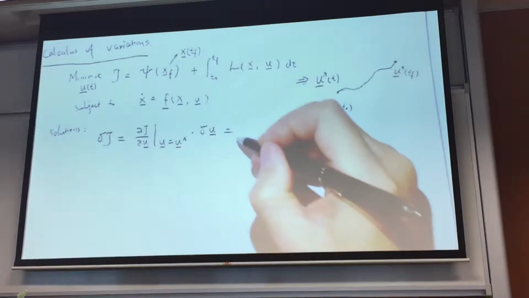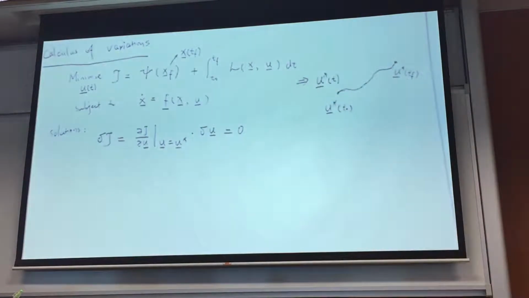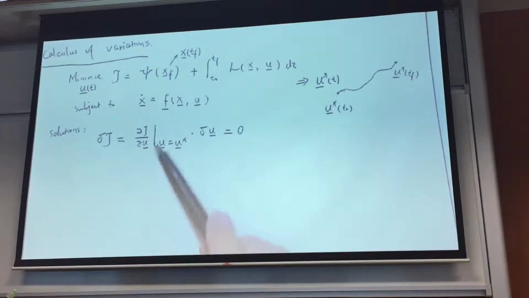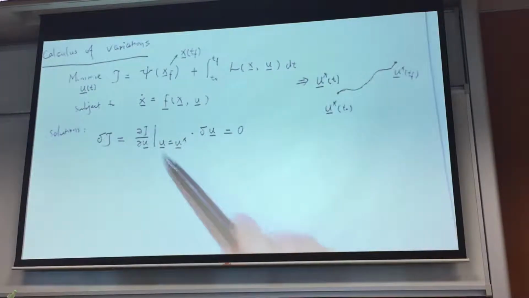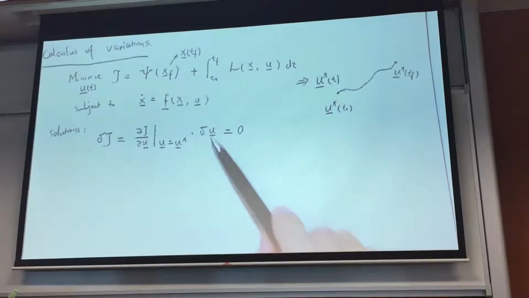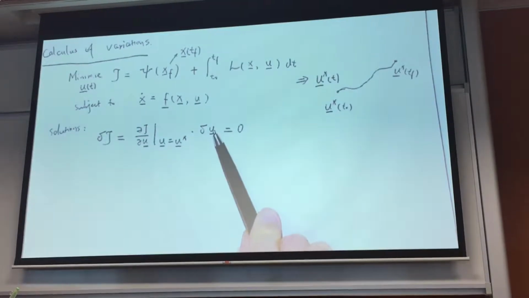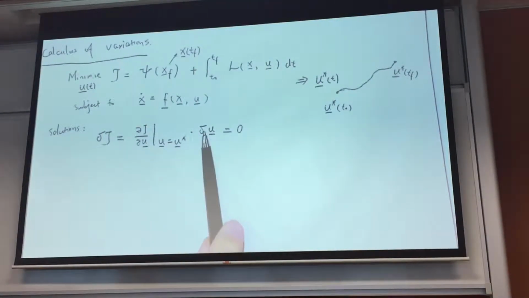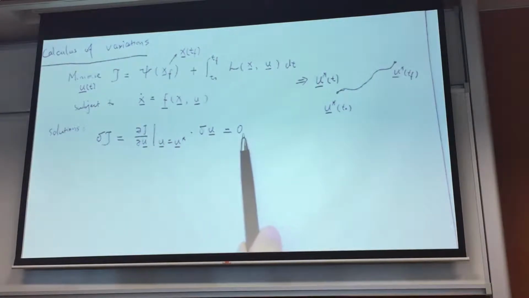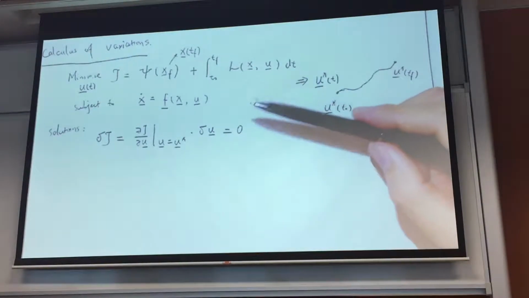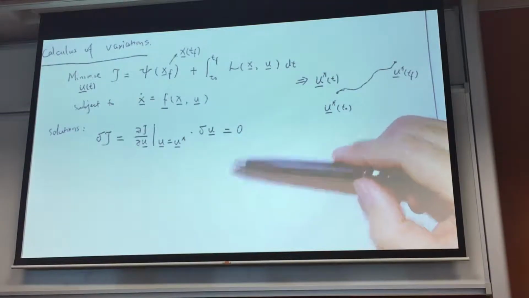So this should be equal to zero. That means along this optimal trajectory, if you perturb your control input, eventually the effect on the cost function will be zero. So this is the fundamental idea behind our derivation.